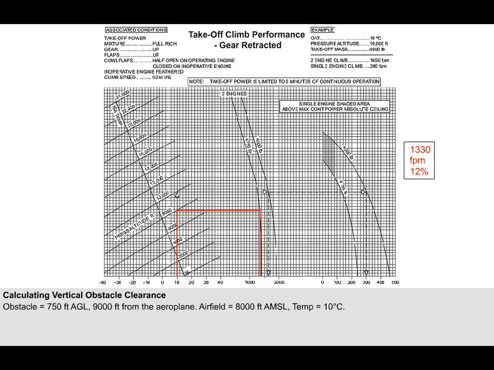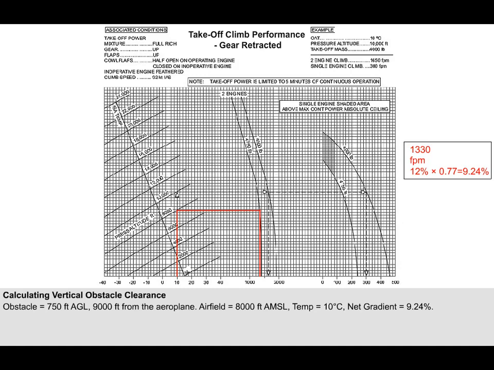EU OPS states in the Obstacle Clearance Compliance Rules that the all-engine gradient must be factored by 0.77 to produce the net gradient. Multiplying 12% by 0.77 produces a net climb gradient of 9.24%. The gradient should also be corrected for wind by applying 50% of any headwind component and 150% of any tailwind component.